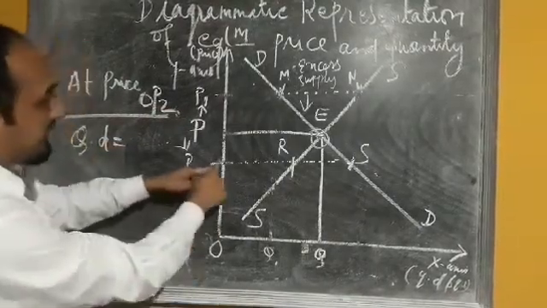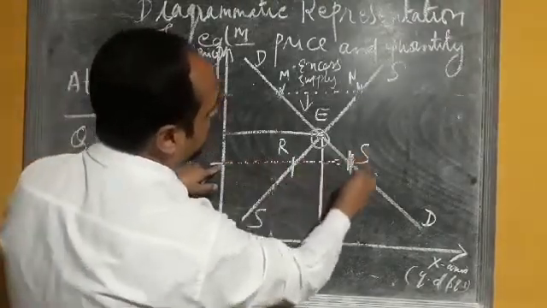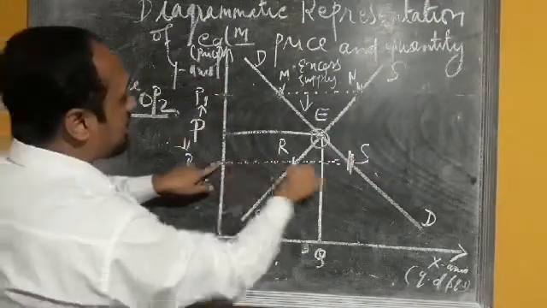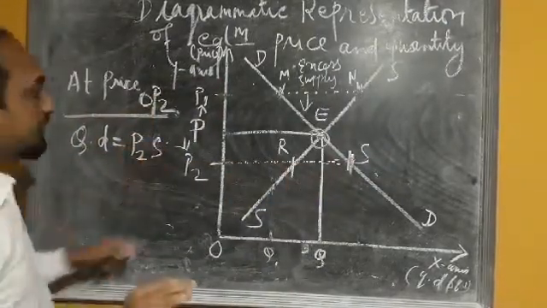Now quantity demand is, because this line is intersecting the demand curve at point S, P to S. Quantity demand is P to S. I hope you are understanding.